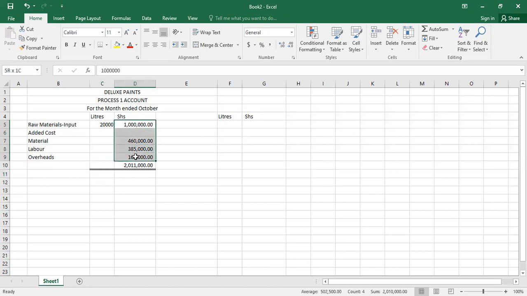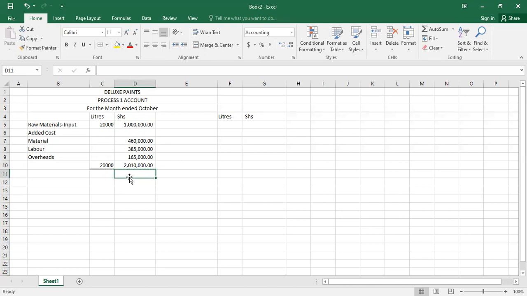So 385 is giving me 2010. I'm trying to avoid decimals because this is 20,000. So let us work with 385 for labor to avoid the decimals.